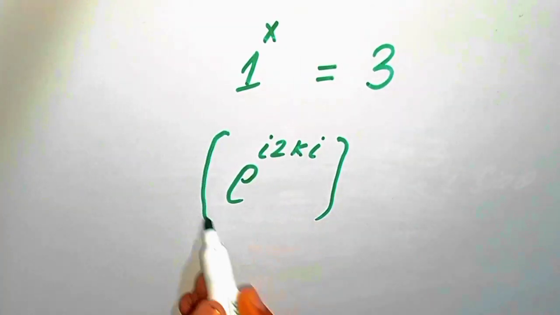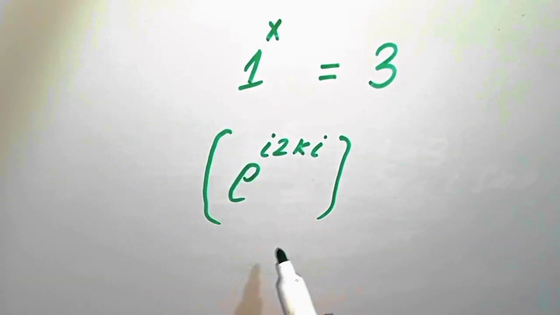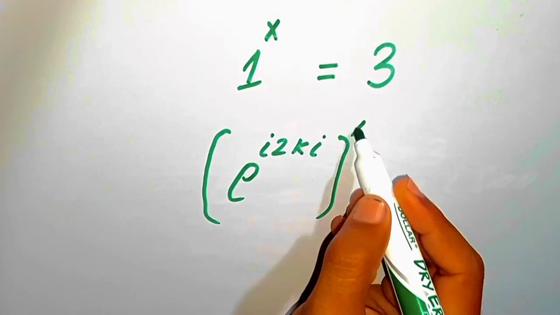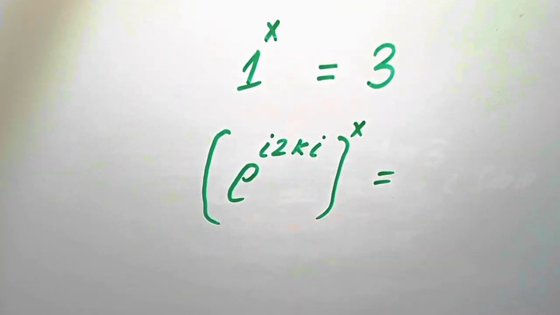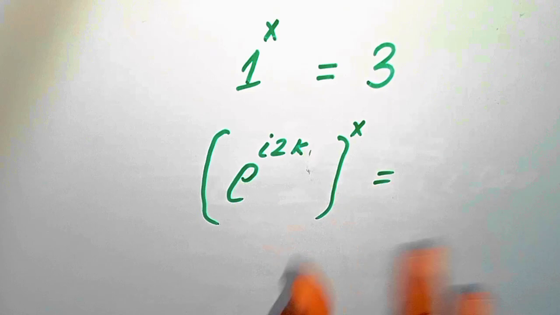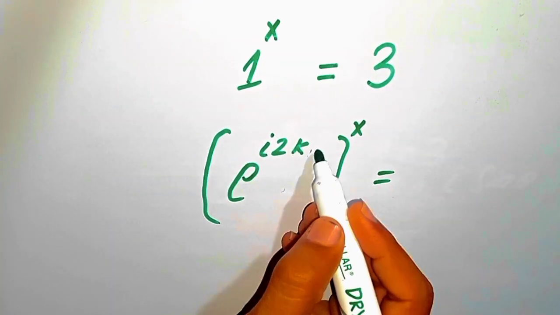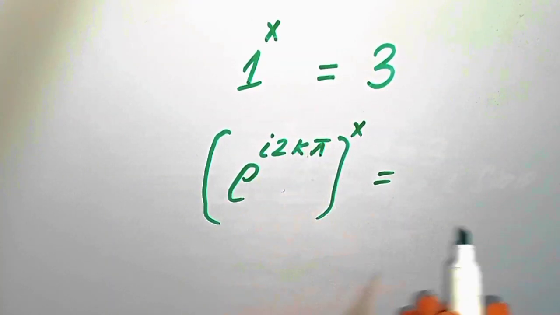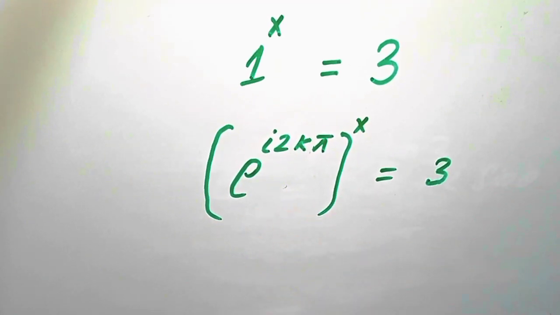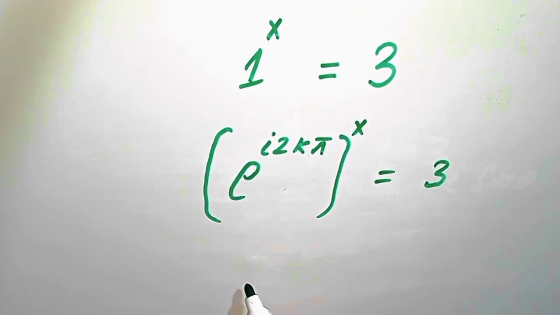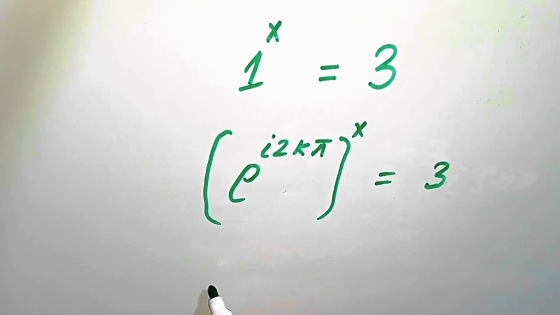Because this is equal to 1, we have e power 2k pi iota, whole power x, is equal to 3. Now we take ln on both sides.